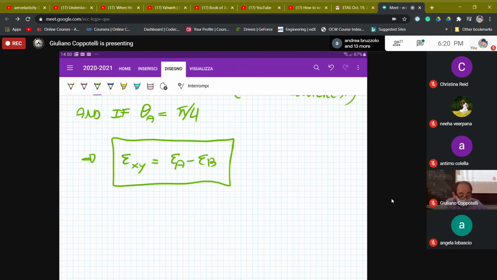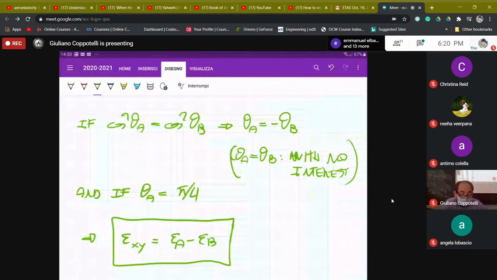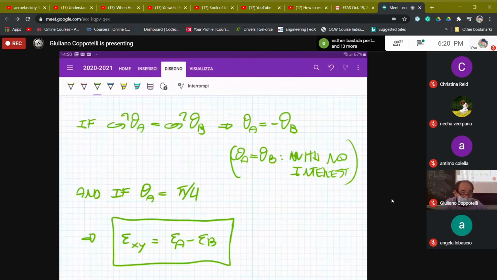The reading is epsilon xy, but the orientation angle must be pi/4, 45 degrees, and these two must have a 90-degree orientation, so negative and plus.